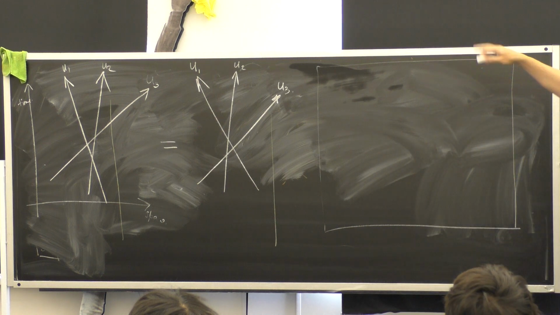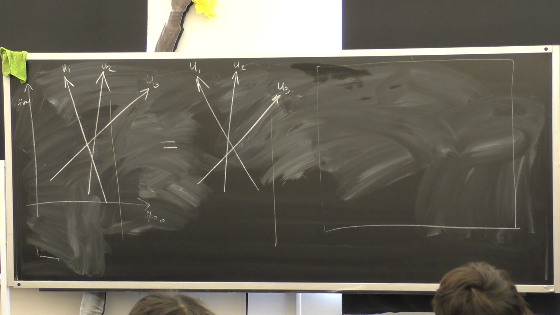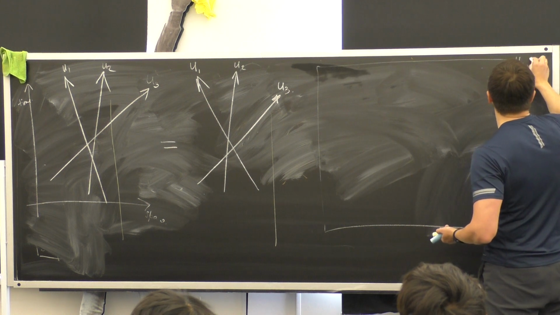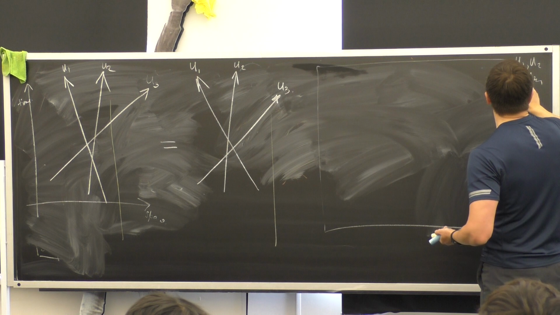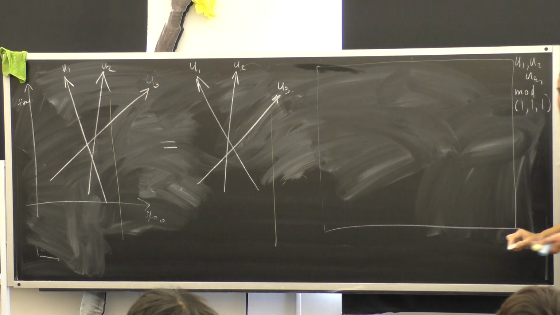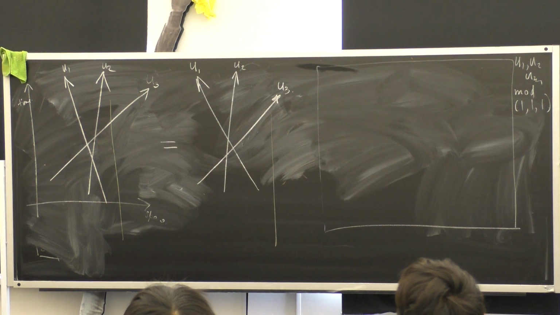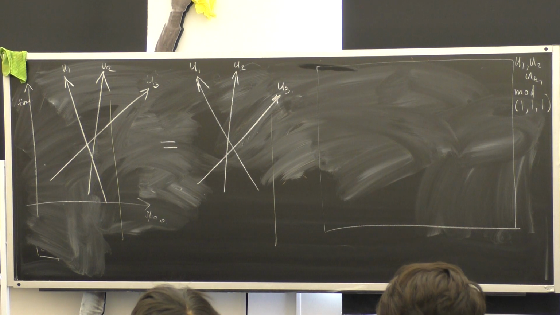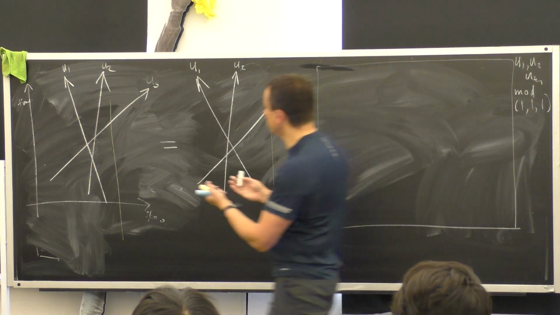By invariance, I can only talk about the differences of momenta. This is the plane of U1, U2, U3 modulo (1, 1, 1).